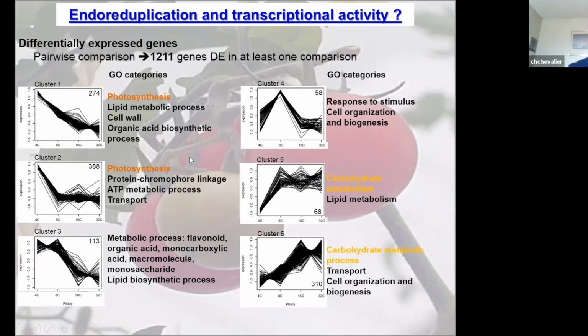And we have all these modifications here. We have genes that are preferentially expressed at low ploidy levels. We have genes that are preferentially expressed at high ploidy level. And according to the ontology of all these genes, we can assign some biochemical functions to these studies.